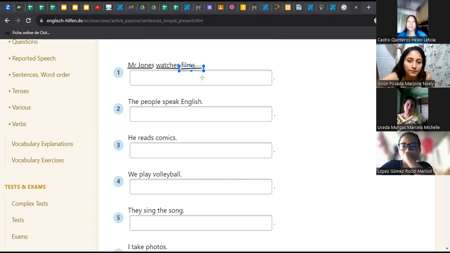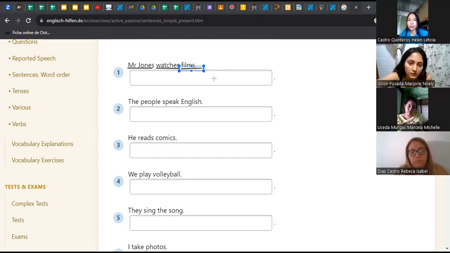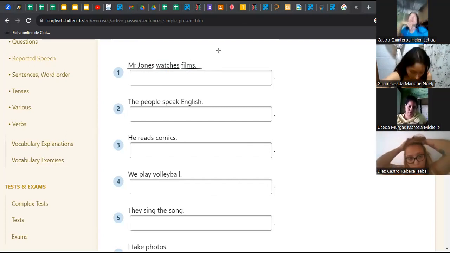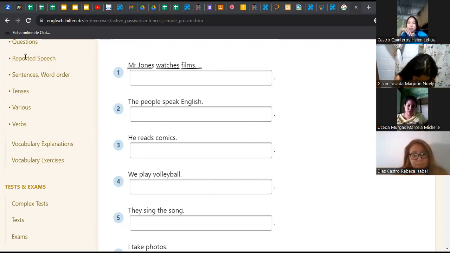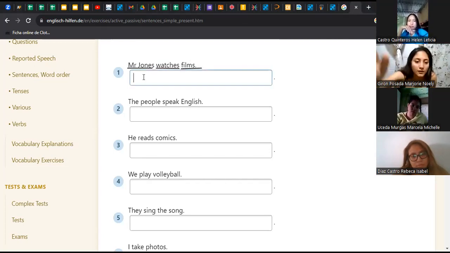This exercise only focuses on present passive voice, right? Don't put was or were. It is only am, are, or is. So what is the change? What is the passive voice? Is or are?